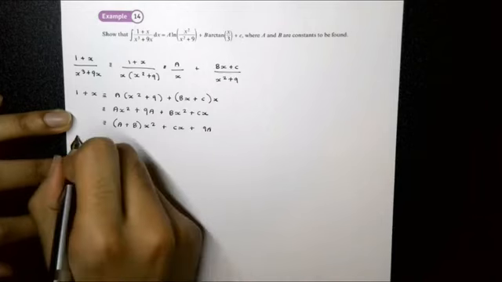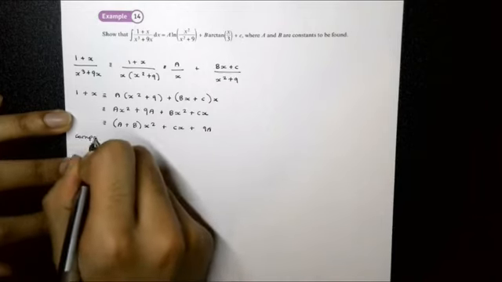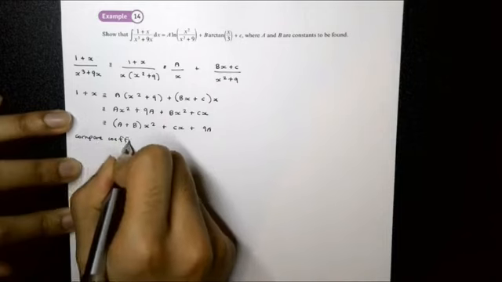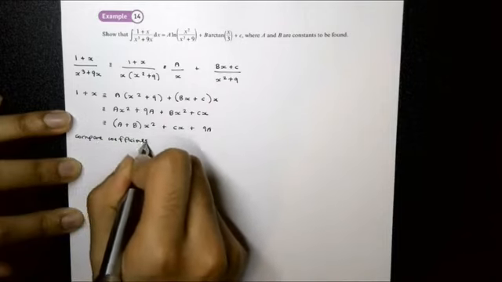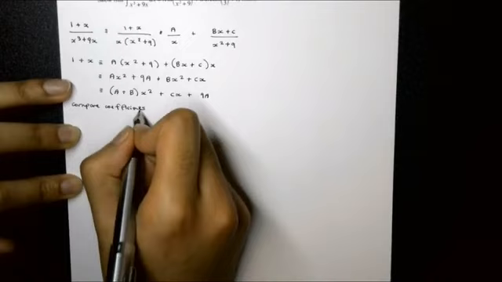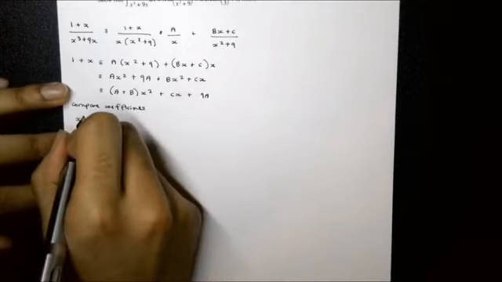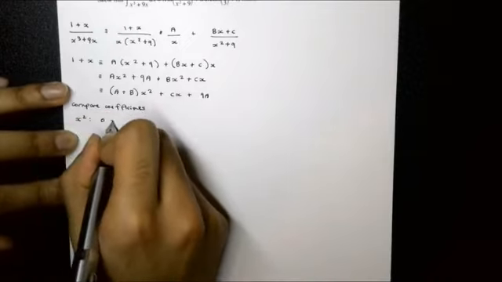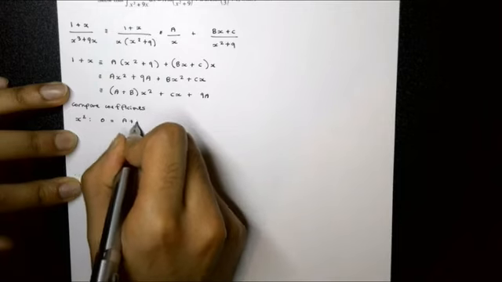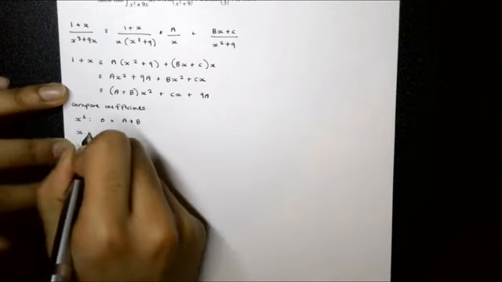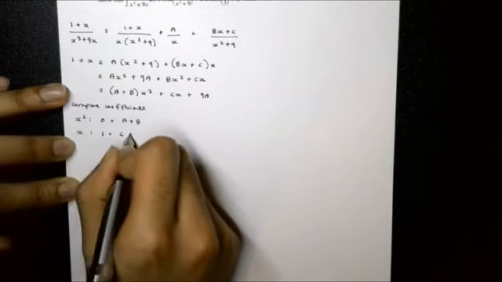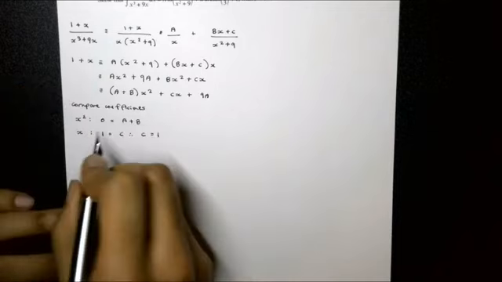And now if we compare coefficients, what you can hopefully see over here, if we compare the x squareds, on the left hand side we've got 0, and on the right hand side we've got a plus b of them. If we compare the x's, on the left hand side we've got 1, on the right hand side we've got c, so c is equal to 1.